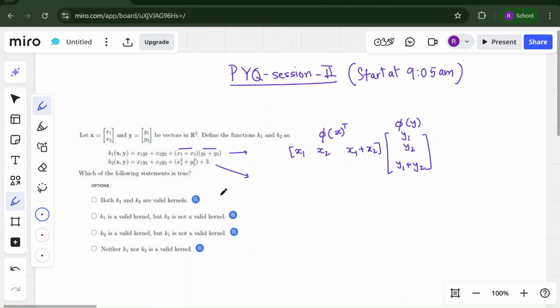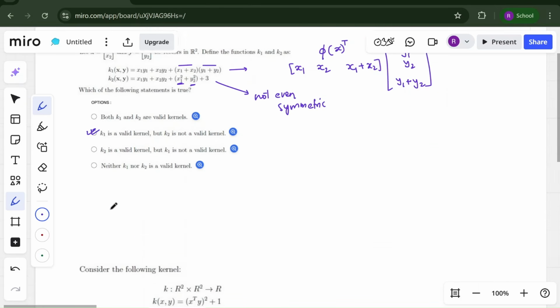Before even analyzing, it's not valid because here you have x1 and here you have y2, right? So it is not even symmetric. So k1 is valid, k2 is not valid.